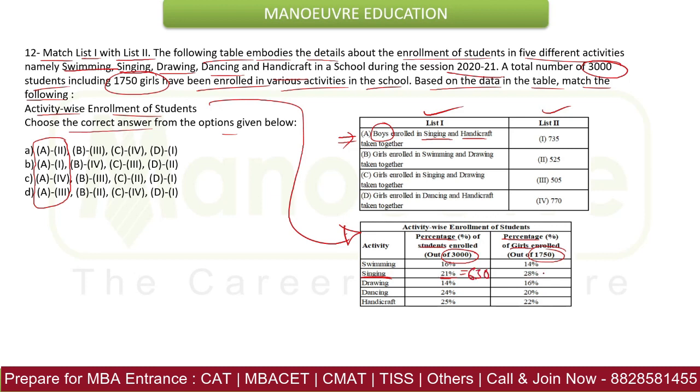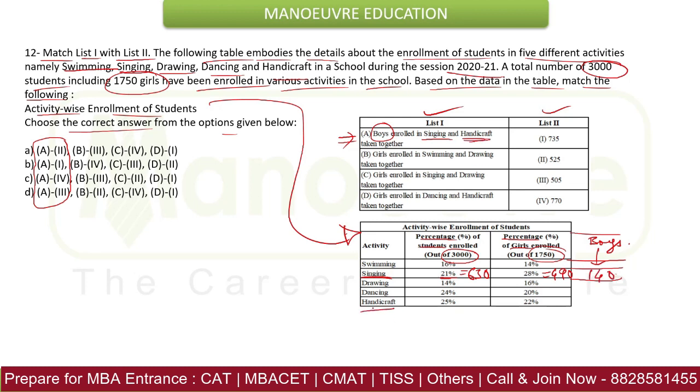And 28% girls of 1750, so that will be 17.5 into 28, so that will be 490. So if you try to find the number of boys over here, how many boys will be engaged in singing? That will be 630 minus 490, that will be 140.